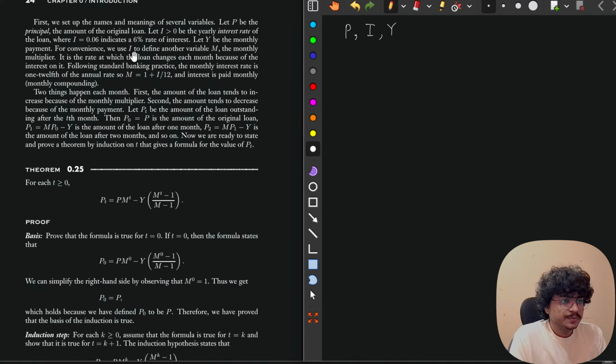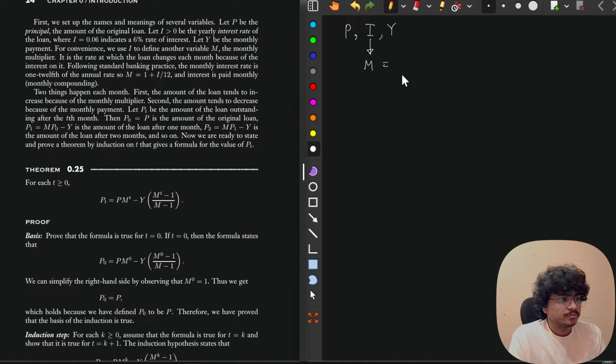For convenience, we use i to define another variable M, the monthly multiplier. It is the rate at which the loan changes each month because of the interest on it. Following standard banking practice, the monthly interest is 1/12 of the annual rate.